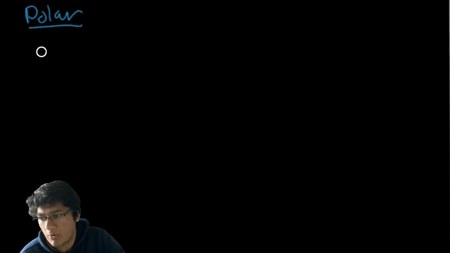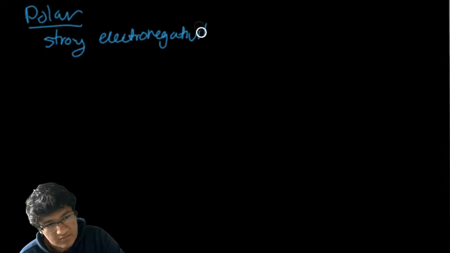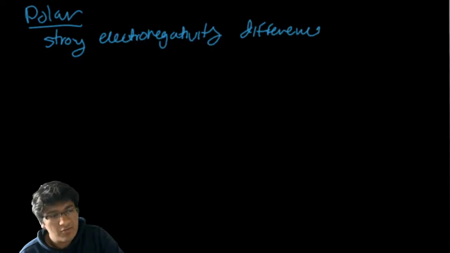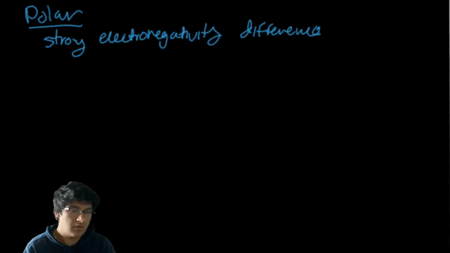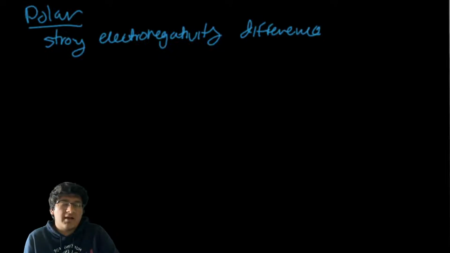I'm going to do this in red and blue because polar is like charged. Polar means that there's a strong electronegativity difference. Another way I like to think about polar molecules is that it's unbalanced, heavier on one side, kind of like a seesaw.